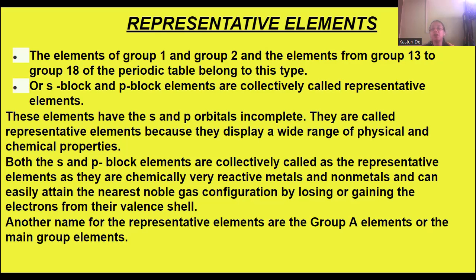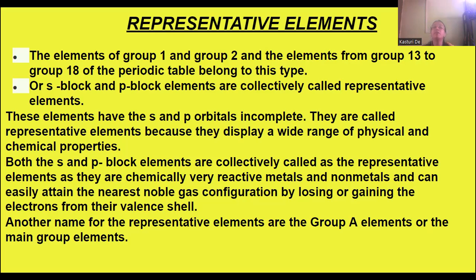So all the groups counted together will give you group 18, from group 1 to group 18. Out of this, group 1 and group 2 elements, and also the elements of group 13 to group 18 of the periodic table, belong to this type, representative elements.